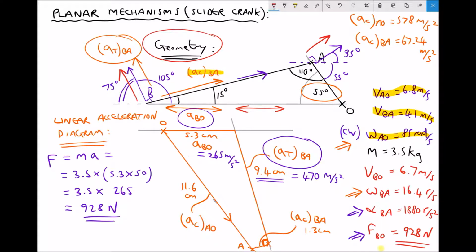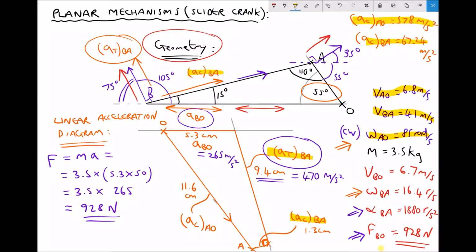Once we determined all of our unknown velocities, we were then able to calculate the centripetal acceleration of A relative to O. In the top right-hand corner, we had a value of 578. And we were also able to calculate the centripetal acceleration of B relative to A. Using that information, we produced our linear acceleration diagram, noting that the linkage BA had a centripetal component as well as a tangential component.